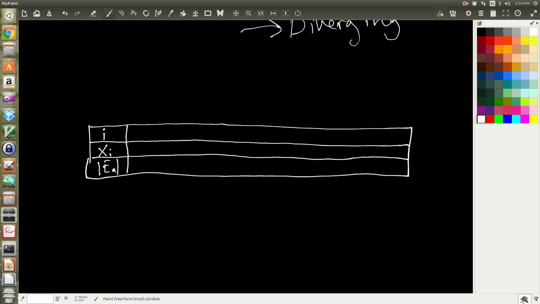Okay, we'll do this, with rows numbered like so.